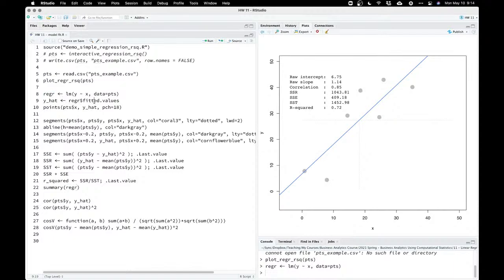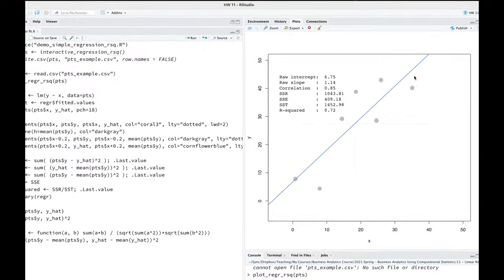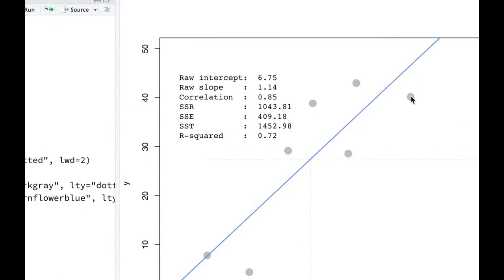please tell me what are the fitted points. By fitted points, I'm asking for each of these points, where does the regression line think it should be? So for example, this point here that I've got my mouse pointer on, the regression line thinks it should be somewhere up here, right? And it's wrong by a certain amount.